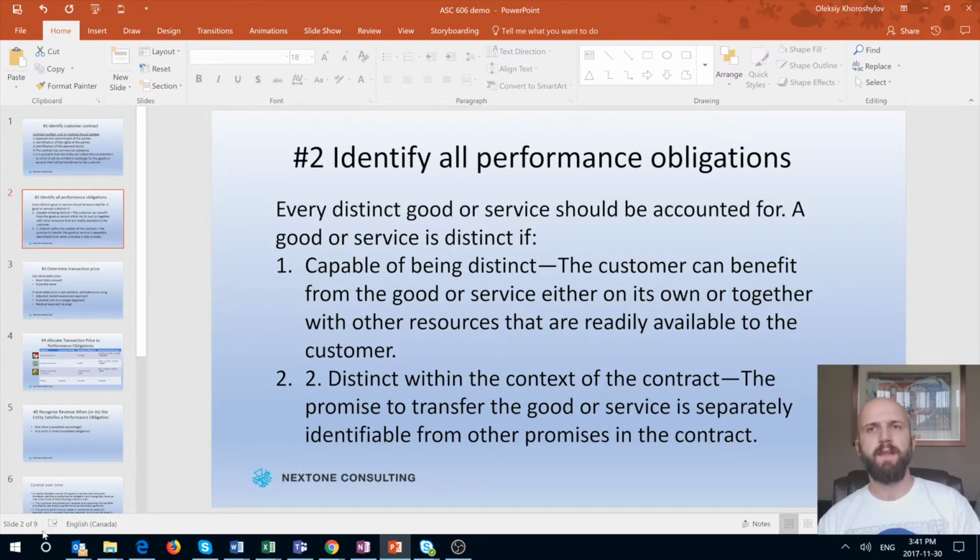The shortcoming of that is that cost templates are not used in time and material projects, and therefore we're only limiting ourselves to fixed price projects with this approach. Based on my experience, a distinct obligation is better defined by a sub-project because we can assign transaction price and track completed percentage for each sub-project within a main project.